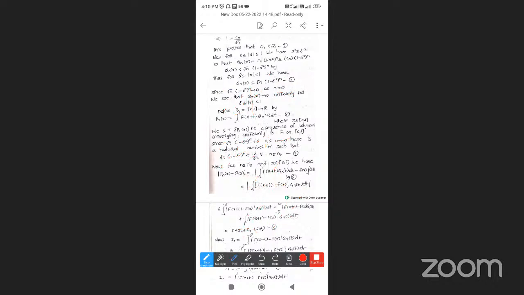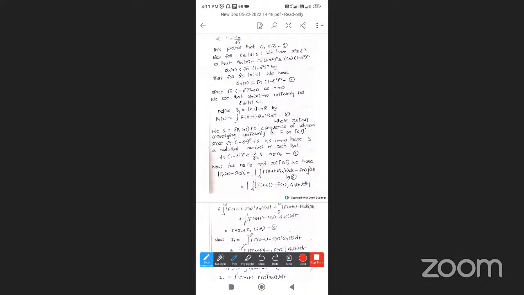So that Qn of x is equal to Cn into (1 minus x square) whole power of n, less than or equal to Cn into (1 minus delta square) whole power of n. So this is Qn of x. Qn of x is less than root n, since we already know the Cn value is less than root n. So this is less than root n into (1 minus delta square) whole power of n, the seventh equation.